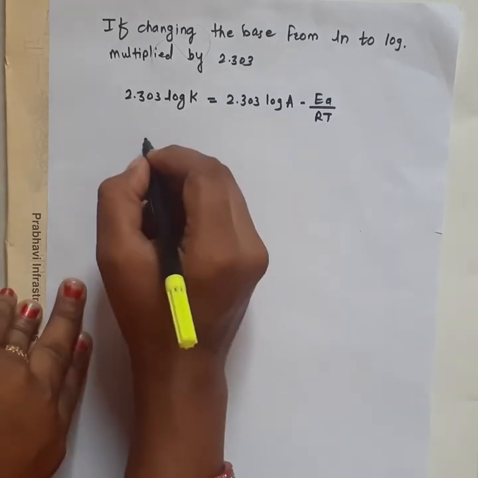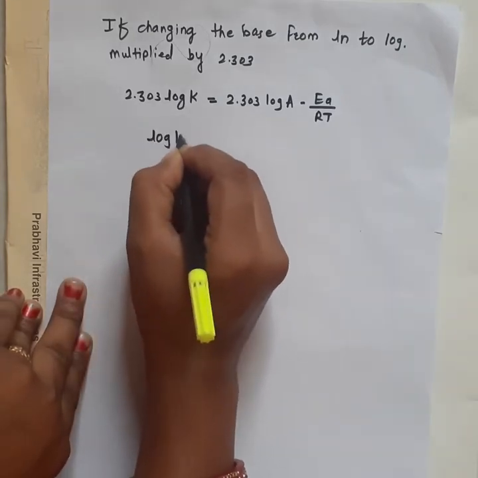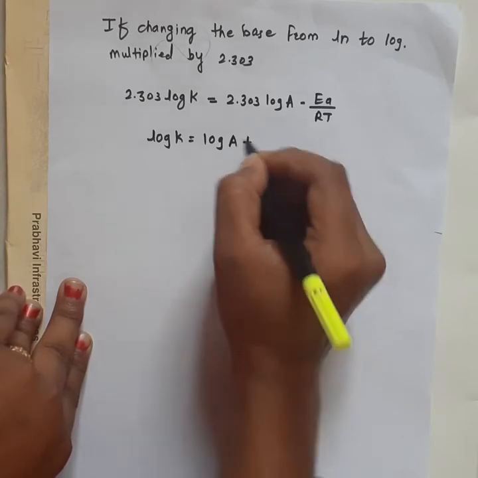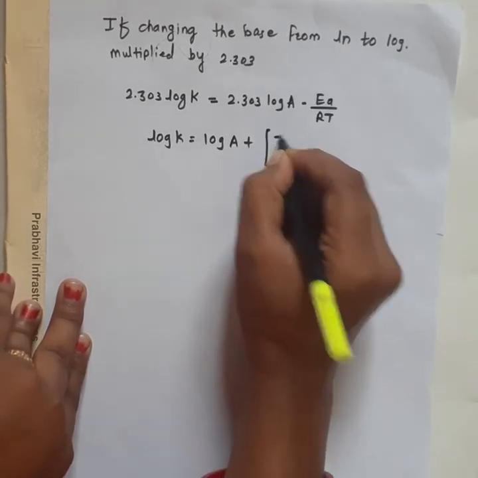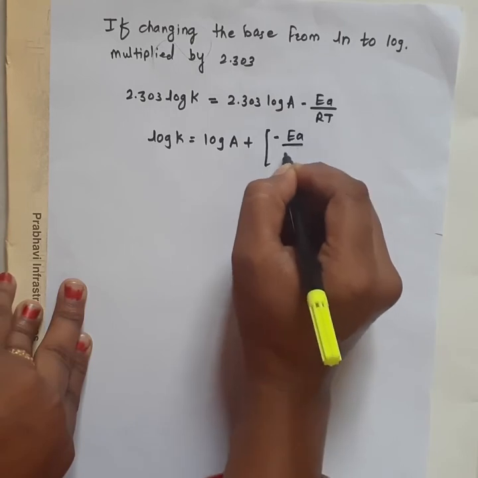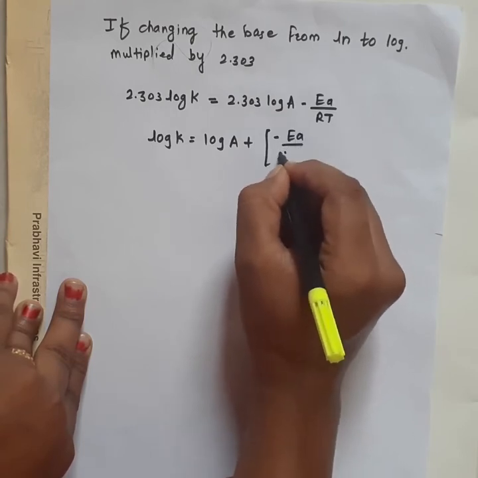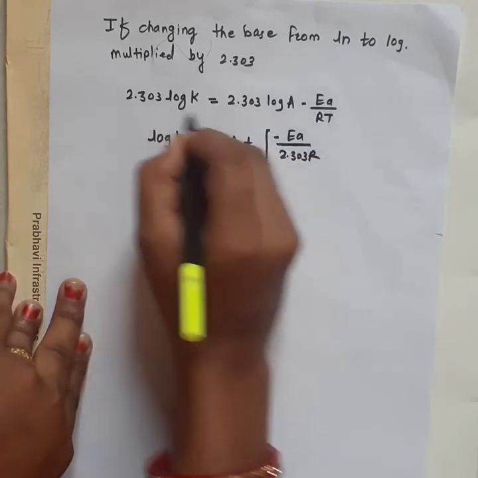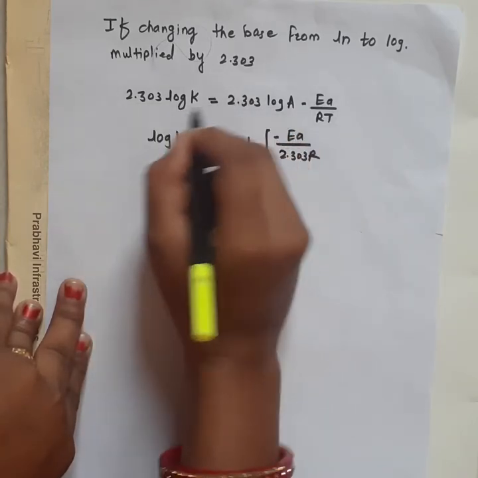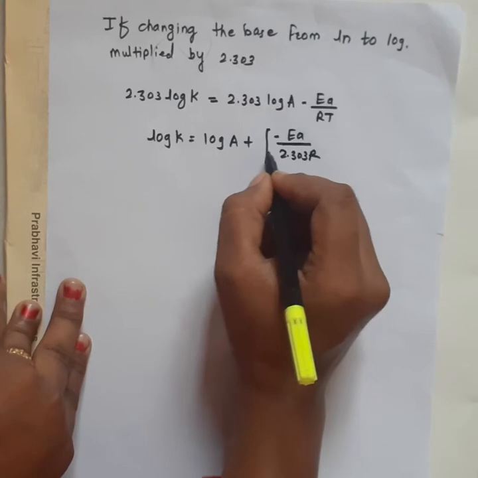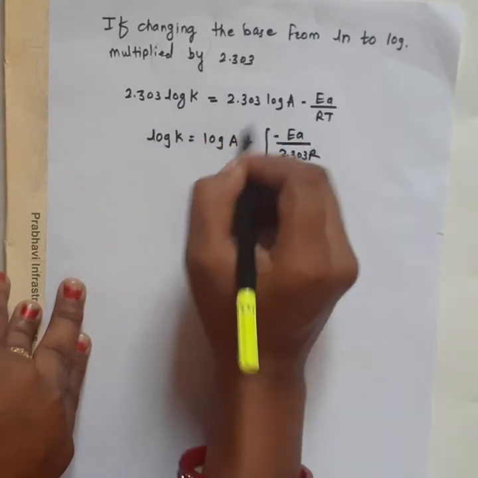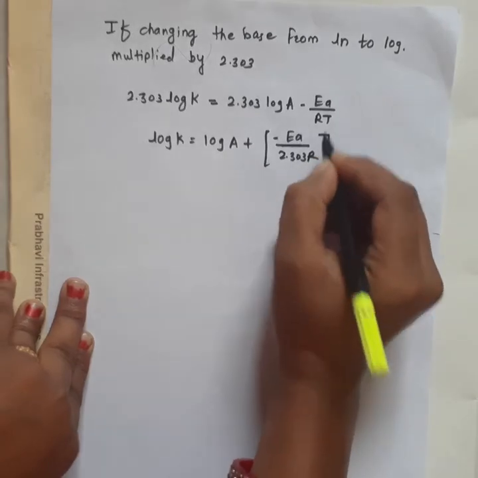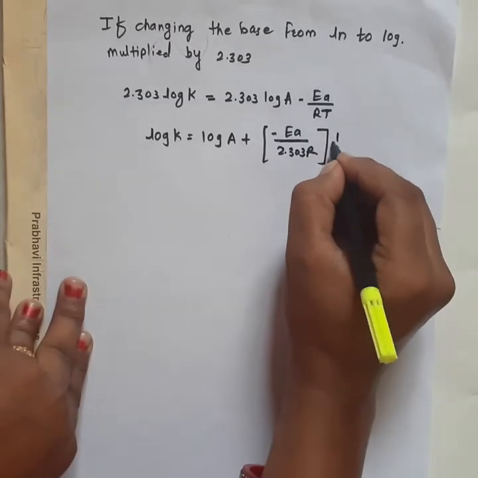So log k is equal to log A minus Ea upon 2.303 R, taking 2.303 common from both terms and dividing, into 1 upon T.